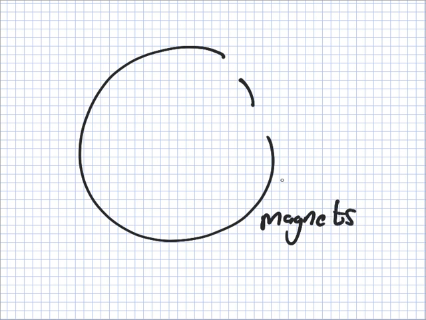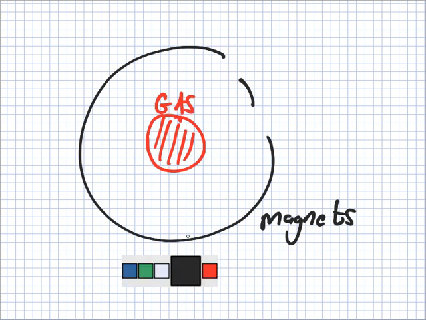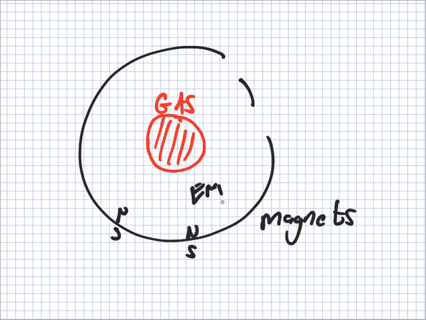So the magnets make the gas turn into this shape. So this is the gas here, and these are magnets all around the outside. So you really try to keep the gas as a ball, and this space here is just empty. It's okay so far?